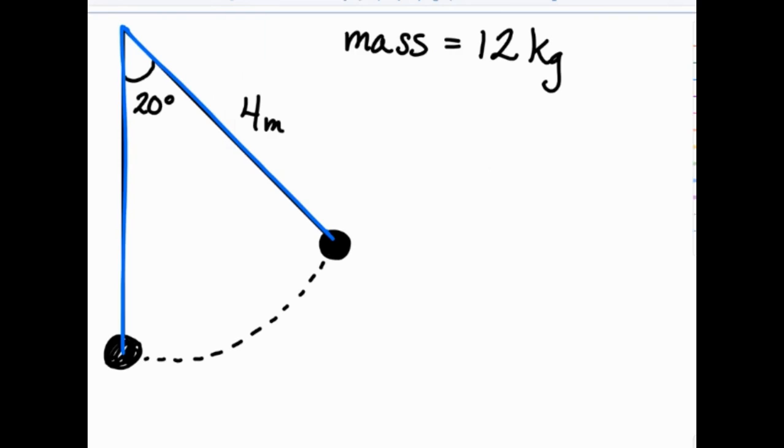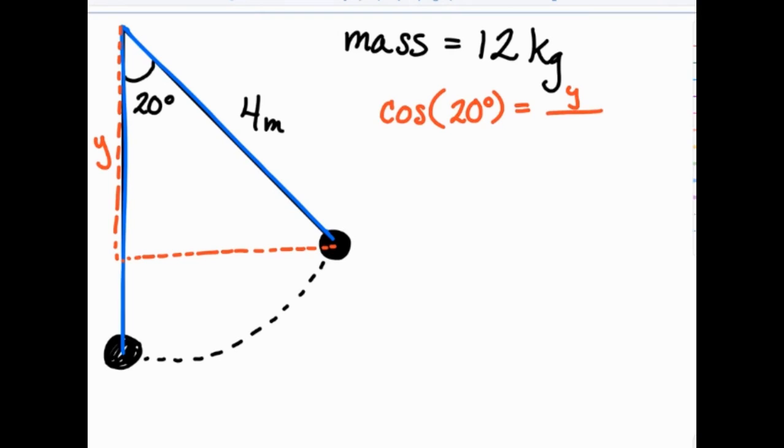The only thing I need to do then is figure out what that change in height is. So if I look at this, and I'm going to label this y, I know my hypotenuse. I'm trying to find the adjacent, and I have the 20 degrees. So adjacent and hypotenuse is cosine. So cosine of 20 degrees is equal to adjacent, which is y, over hypotenuse, which is 4 meters.